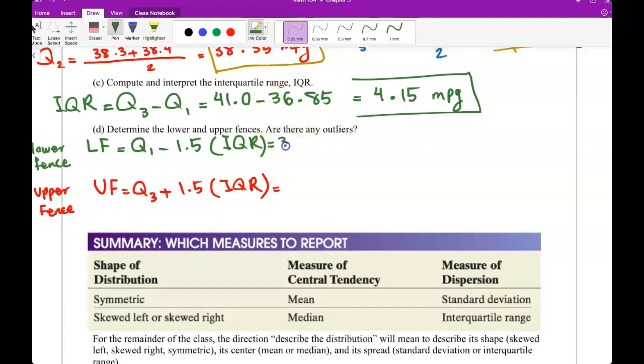Q1 is 36.85 minus 1.5 multiplied by 4.15. So first multiply 1.5 by 4.15, then subtract that from 36.85. That is equal to 30.625 miles per gallon.